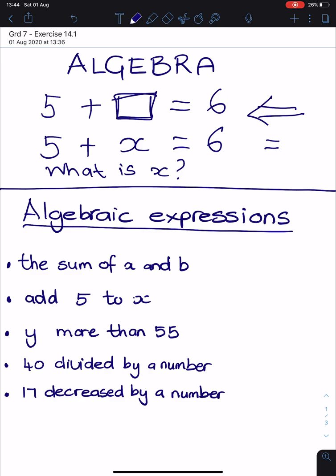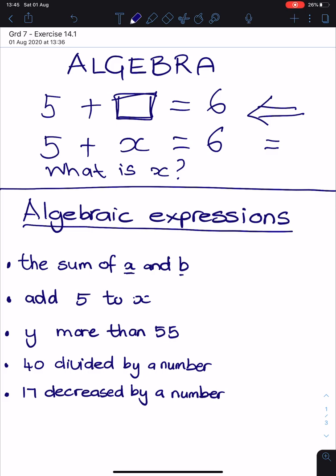So we're going to look at the following sentences, and we're going to put them into a number sentence or an algebraic expression. So the first one says the sum of A and B. Now you know that sum means plus, and we do it in the order that it appears.